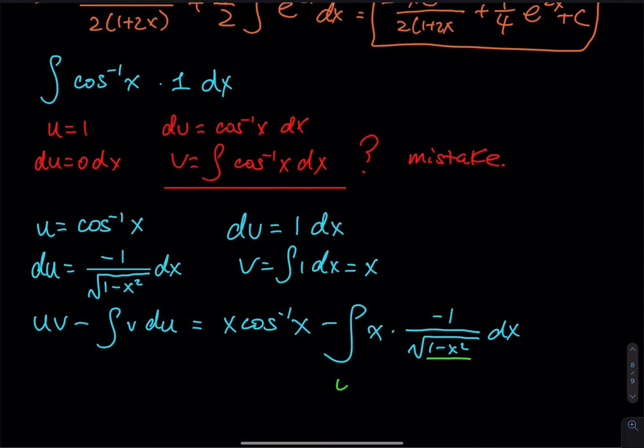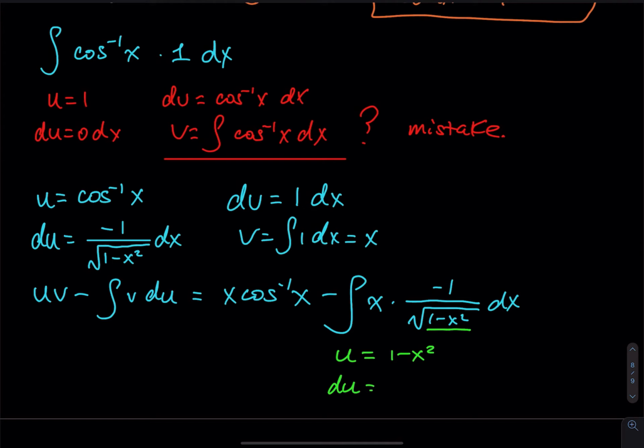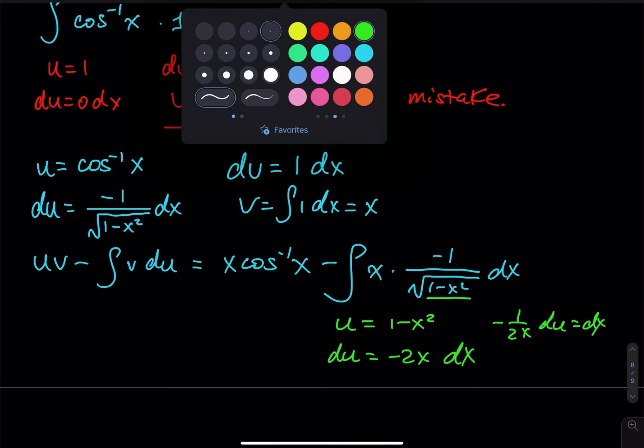We have to let u equal 1 minus x squared, and then du equals -2x dx, and then you have -1 over 2x du equals dx. So the x in the denominator will cancel with the blue x. And then we go back to our problem.